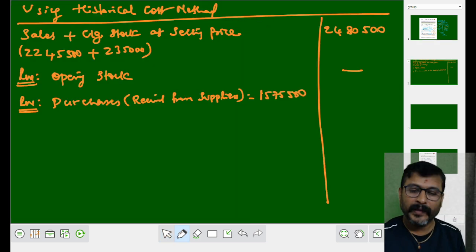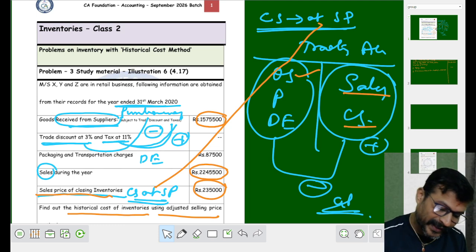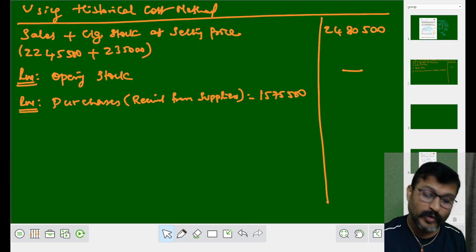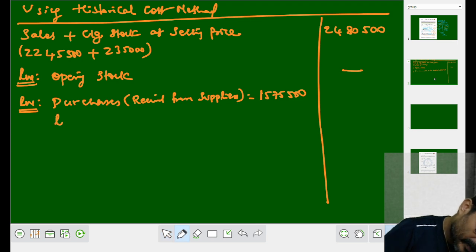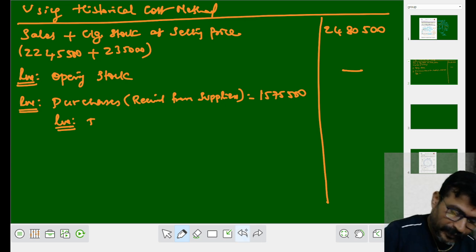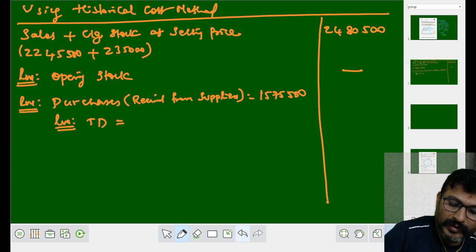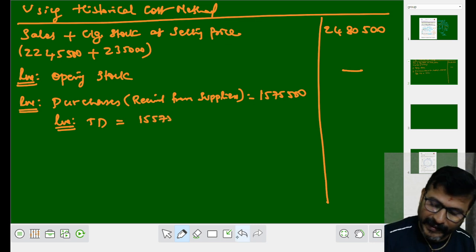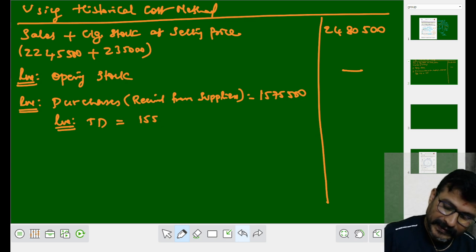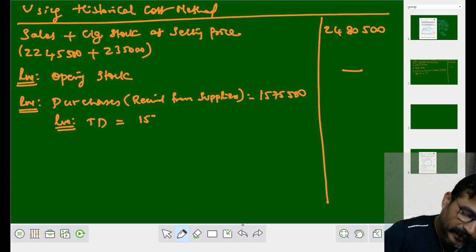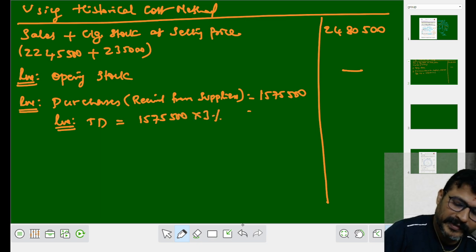15,75,500. From this, my dear student, there is a trade discount of 3%. What to do? From this, we have to subtract trade discount. What percent? 15,75,500 into 3%.